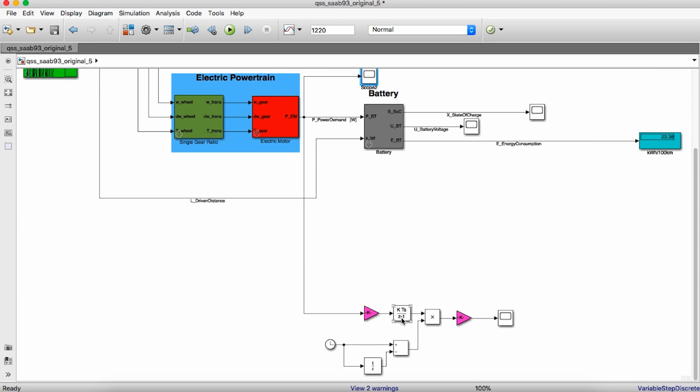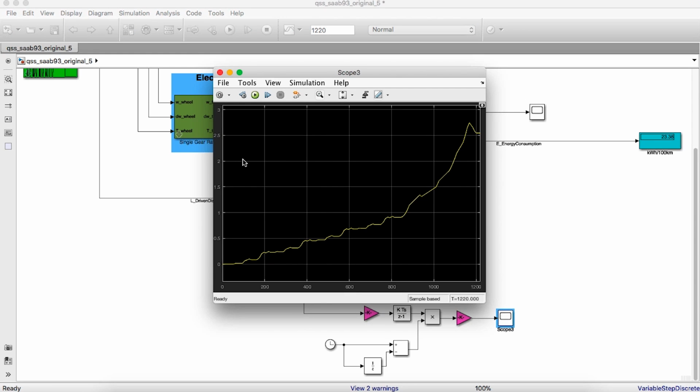Here we have the integrator block, and here we have the time. Together they define the total energy need during the drive cycle. And for any DC and this conventional drivetrain, we have about 2.5 kilowatt hour of energy demand.